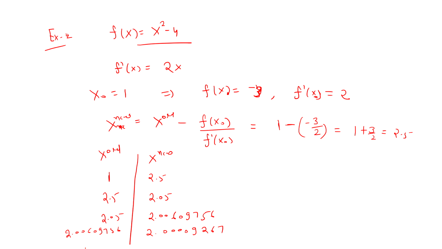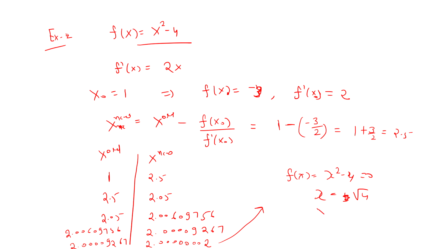And if I take this, then my next value will become 2.0000002. So essentially this is my solution, and it is approaching 2. If we directly solve this, x square minus 4 is equal to 0, then x is plus or minus root 4, so x is plus or minus 2. So 2 is one root which I am calculating here.